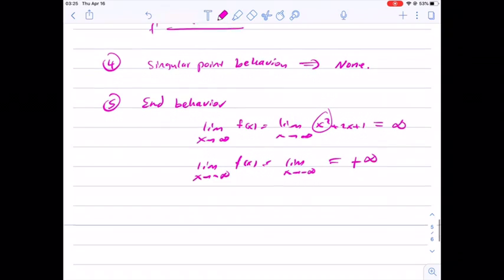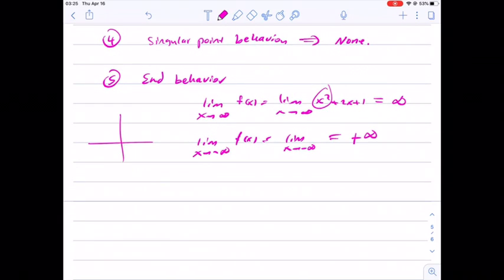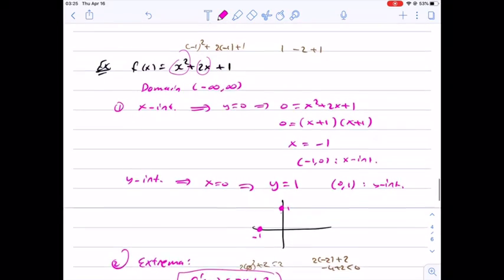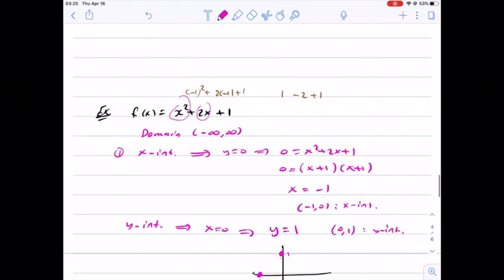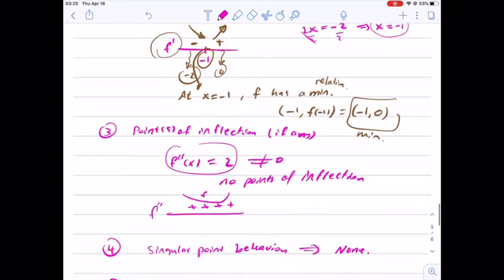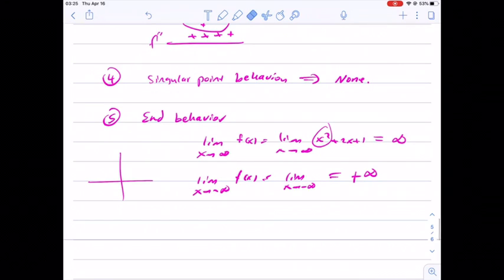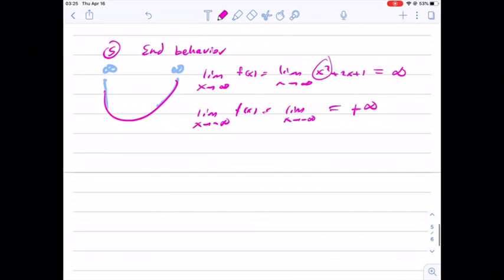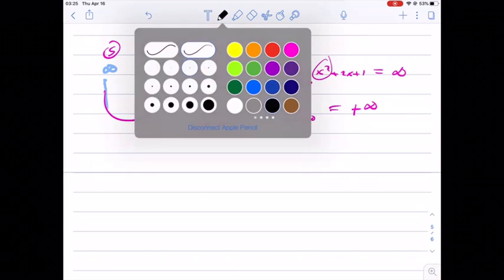So in either case we have infinity, and from our experience in college algebra we know that if the leading coefficient, the coefficient of x squared, is positive, then it's concave up. So this is the end behavior, and this is the end behavior here. Both of them go to infinity. So this is how we can determine the end behavior for polynomials.